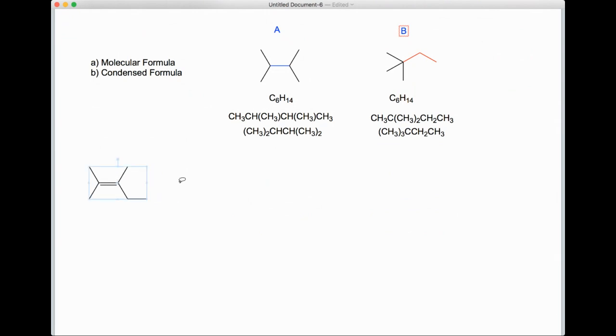Let's consider this molecule here, and let's do the molecular formula for this. How many carbons and how many hydrogens are in this molecule?